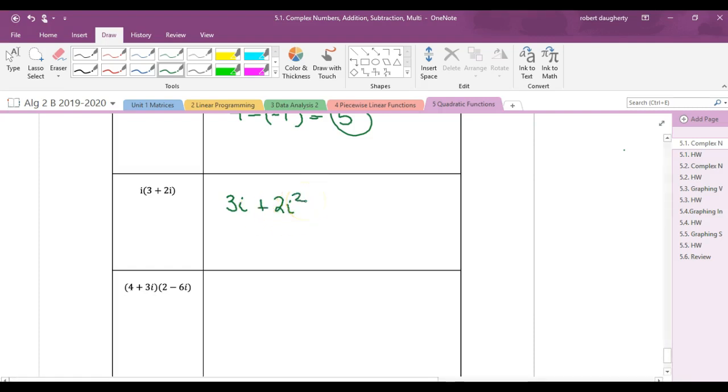And then you want bells going off in your head. Anytime you see i squared is what? -1. So this is 3i plus 2 times -1. If I write this in the form a plus bi, the real part first, what's the real part of this number? -2 plus 3i. That's the answer for this guy.